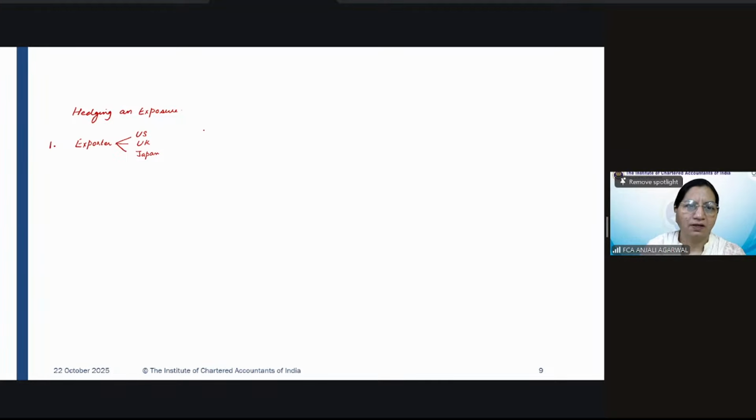So I'm worried that the US exchange rate against the rupee does not remain stable, it fluctuates. Similarly, the pound against the rupee, there is a fluctuation in that. Similarly, the Japanese yen and the rupee, the exchange rate, once again, there is a fluctuation. They will not remain stable, and we have seen why they don't remain stable.